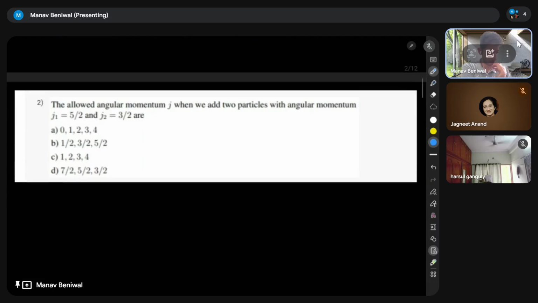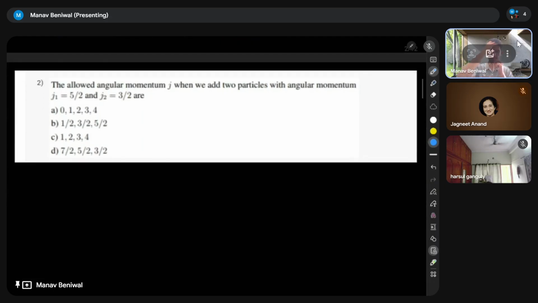Okay. So now let's go to some angular momentum problems. This is also a fairly simple one, and what it says is that we have to add two particles and their angular momenta are given.